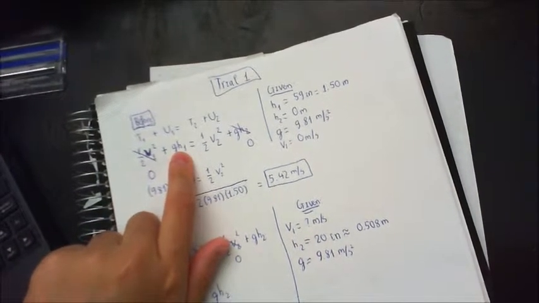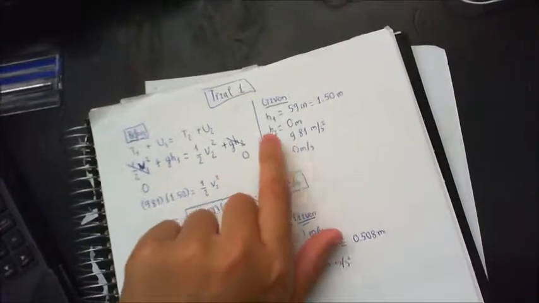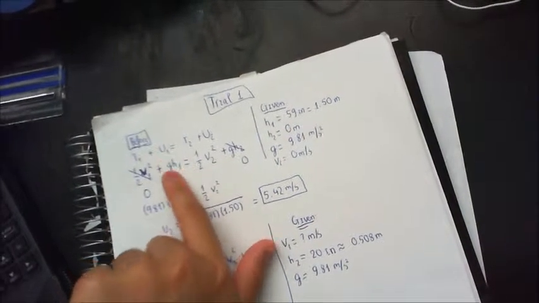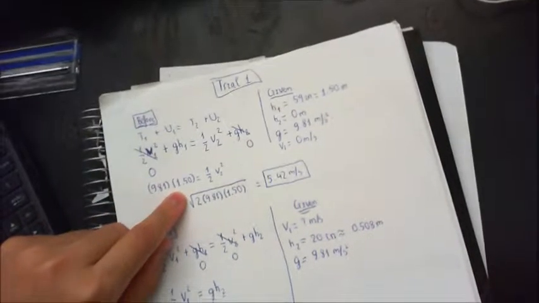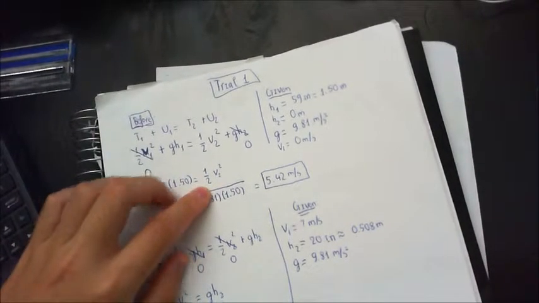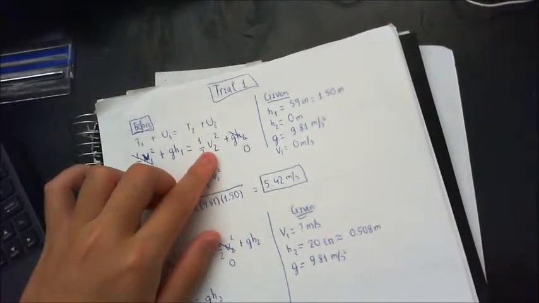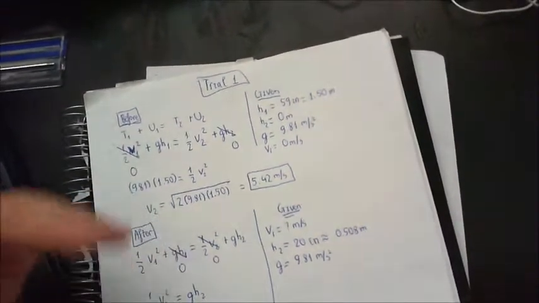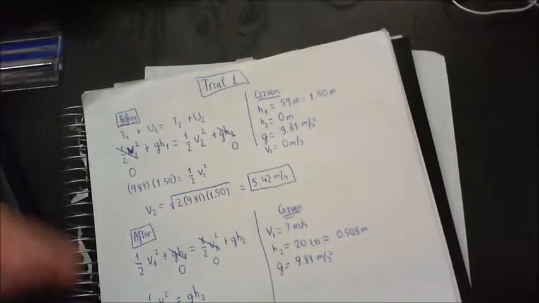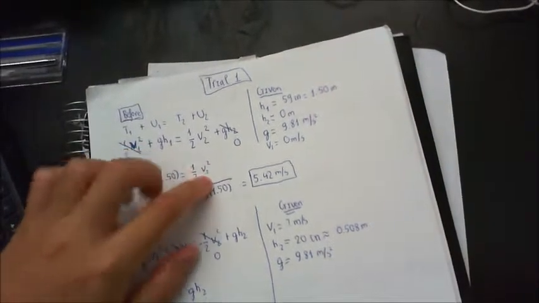Now the height here and the velocity here, I just plug into the equation. The height when I'm holding the ball is 59 inches, which is equivalent to 1.50 meters. So I just plug it in there. And 1/2 times the velocity when the ball almost hits the ground, after I release the ball.